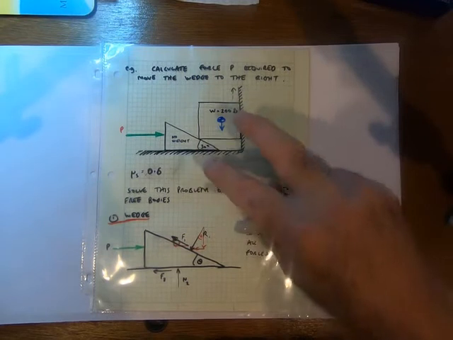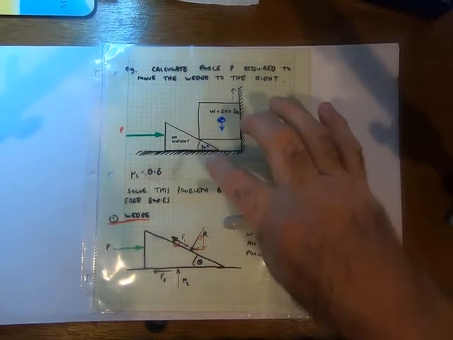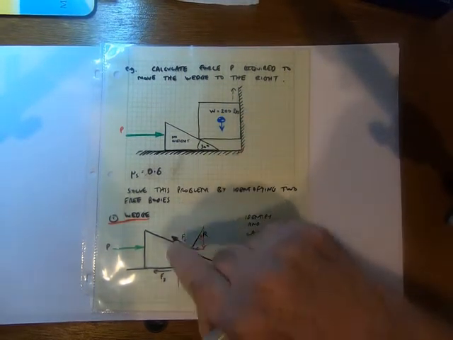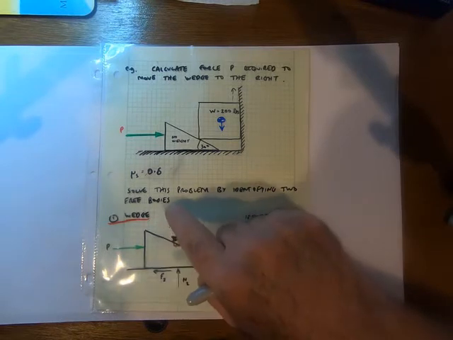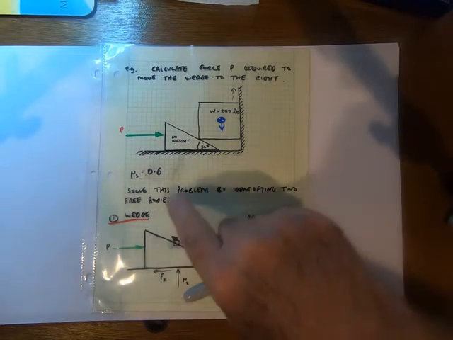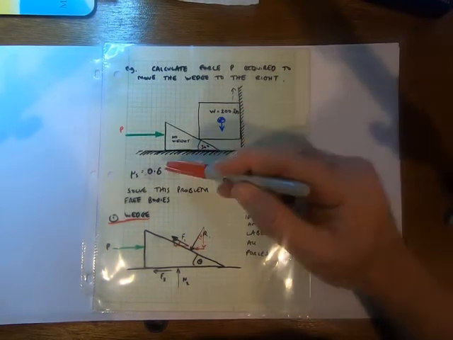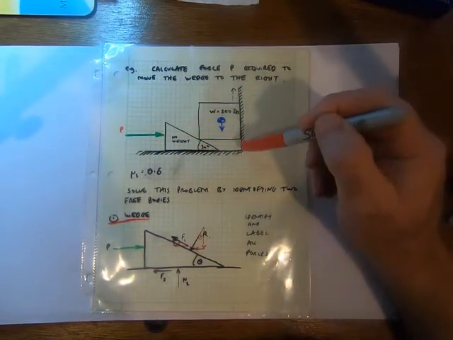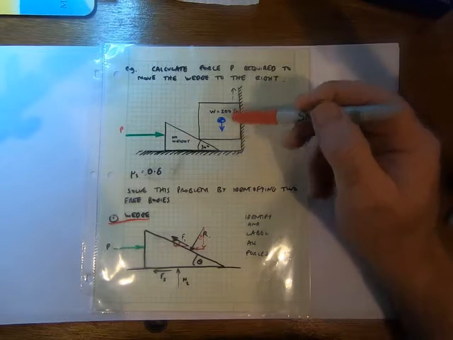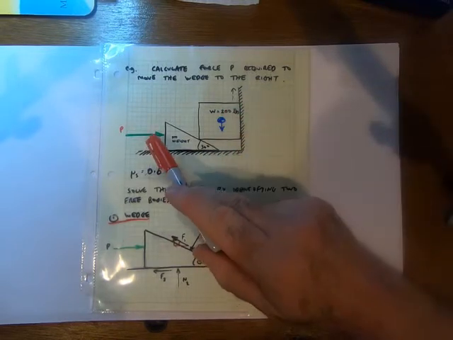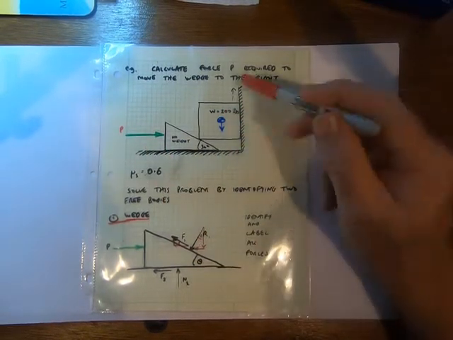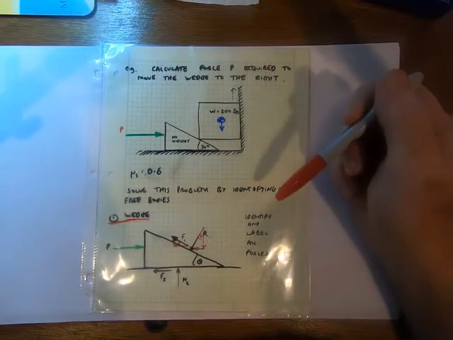This thing is static, it's not moving, so we want to solve this problem by identifying 2 free bodies. Okay, so we're going to look at this cube and this wedge as 2 separate free bodies. We're going to analyze those, do the sum of the moments and the forces, and then we can solve for what force P is required to keep this system in static equilibrium.